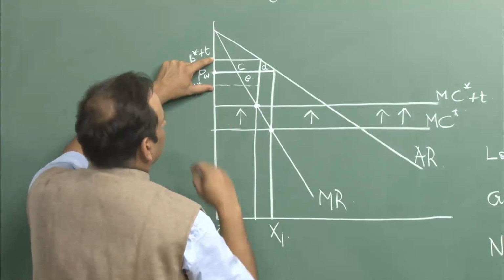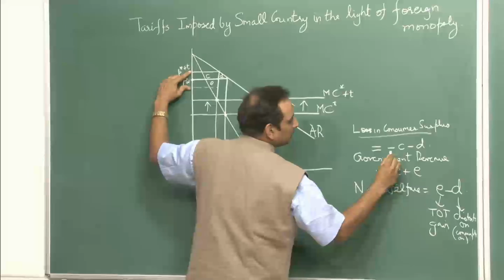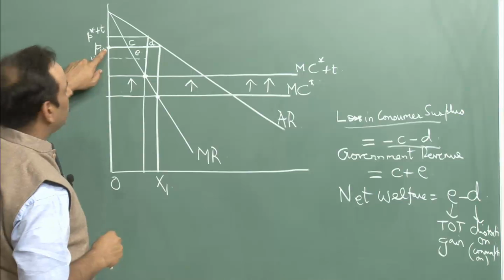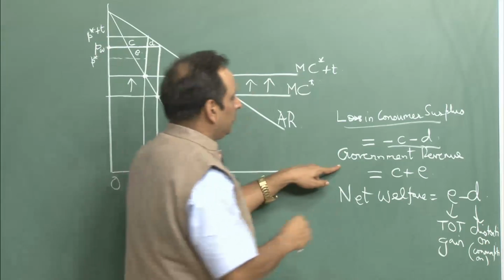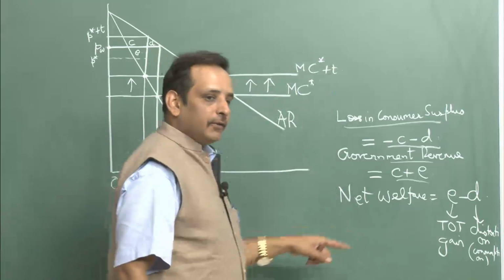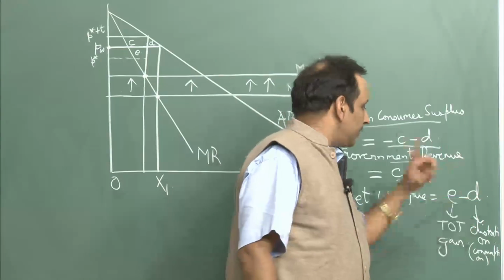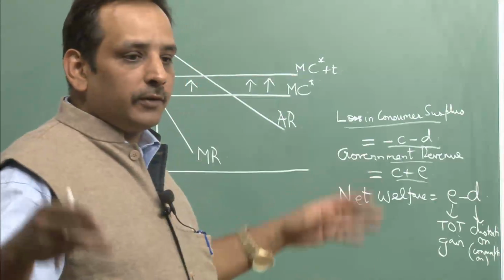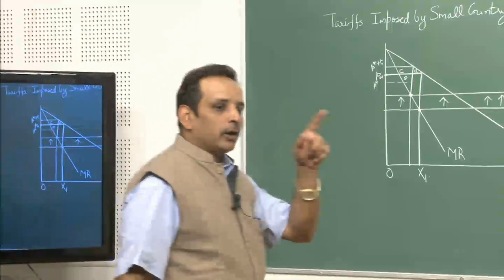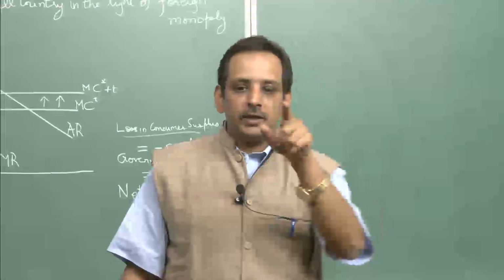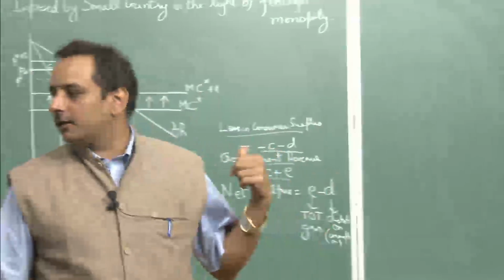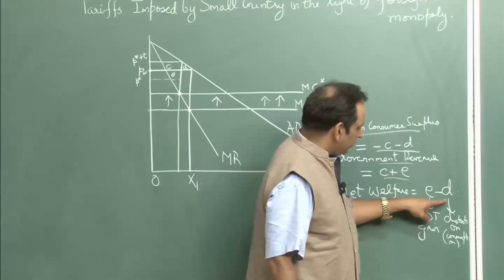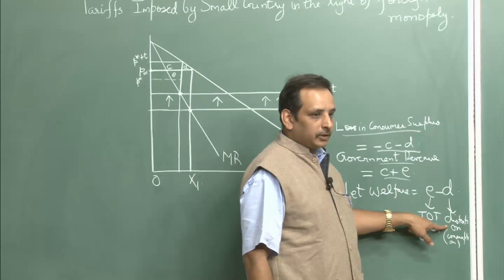So then if that is so, the loss in consumer surplus is minus C minus D, because the price earlier was PW, now it is P star plus T. Government revenue is C plus E, so the net welfare is E minus D. So as in the case when the home country was large and it imposed tariffs, you got net welfare to be equal to E minus B plus D. Here it is E minus D only, where E is the terms of trade gain, D is the distortion, the consumption distortion.